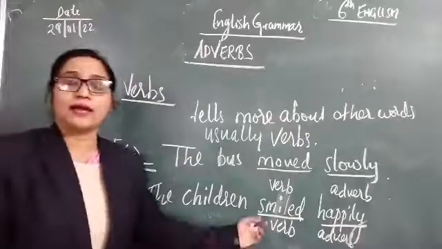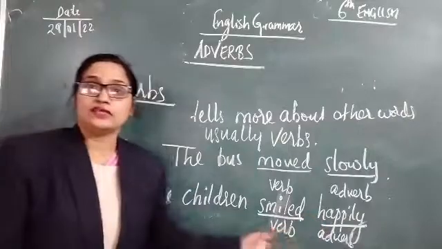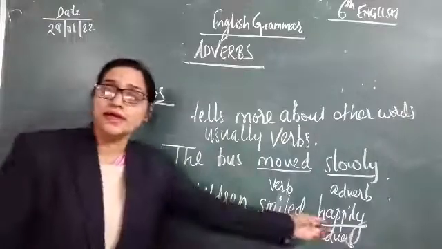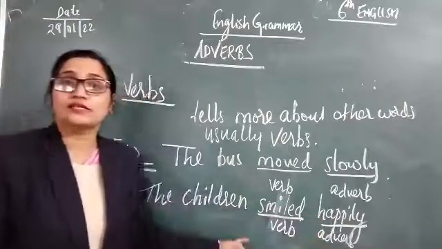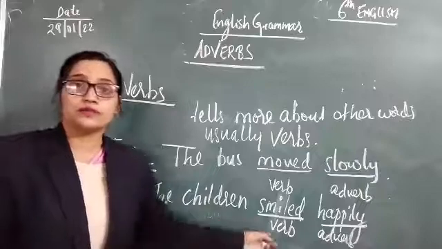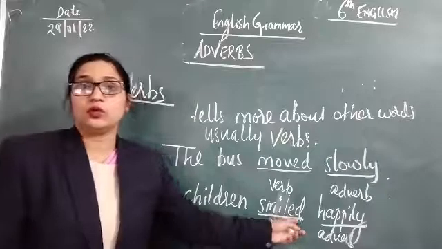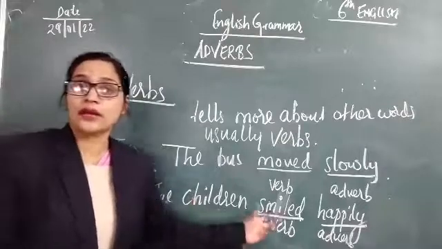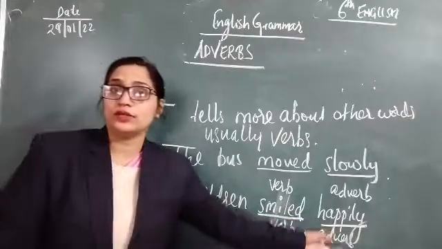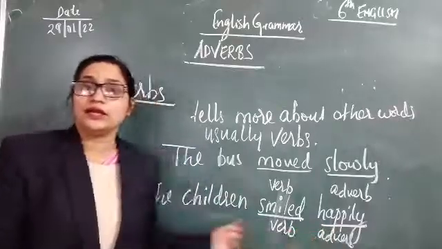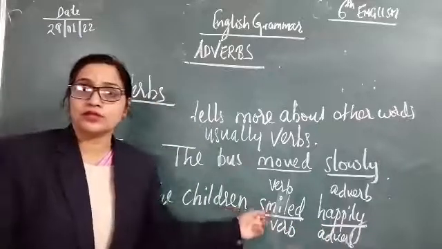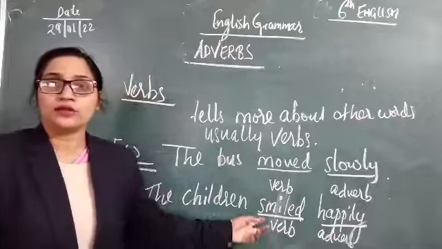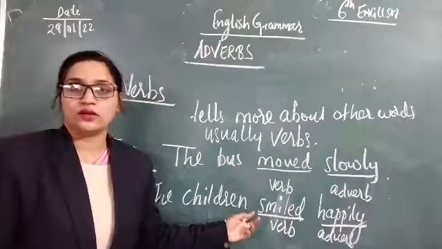The children smiled happily. Smiled is a verb. This adverb happily tells more about this verb smile. So how did the children smile? The children smiled happily. So this adverb happily tells more about this verb smile, or the smile of the children.